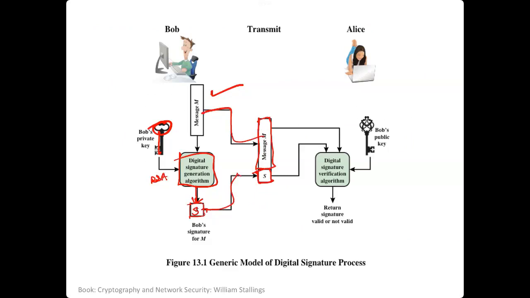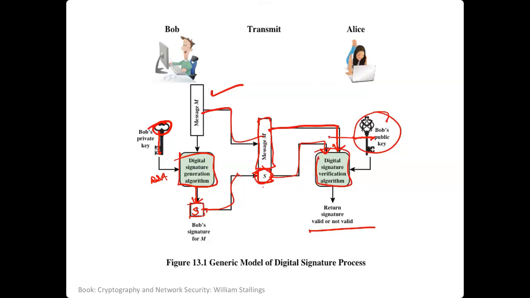She will look at the message and get the signature. Now obviously she can work only with the public key of Bob, and she does whatever she wants to do on the signature part and then compares both and finds out whether the signature is valid or not.